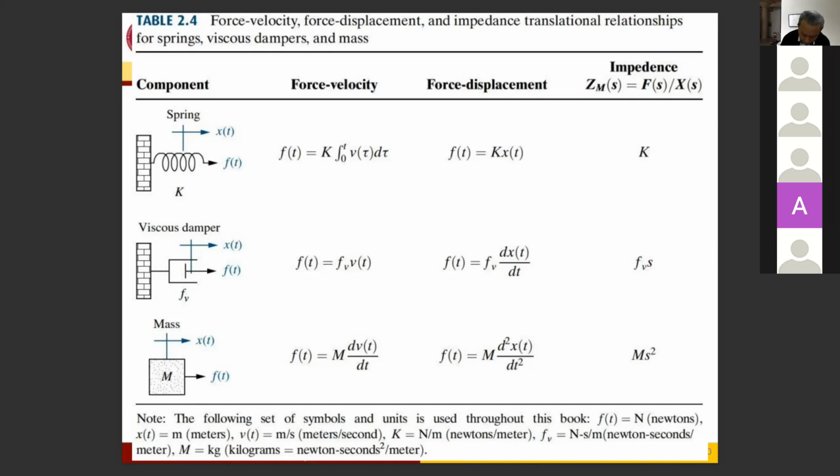Okay, Sarah, a combination is also fine. Better a combination. Maybe mass with spring, maybe mass with damper, or all three. Tak tahu, tak apa. Nurul Nabila? Tak datang?